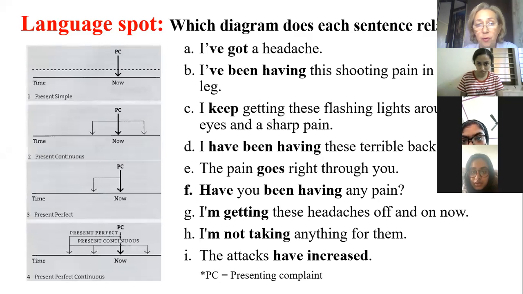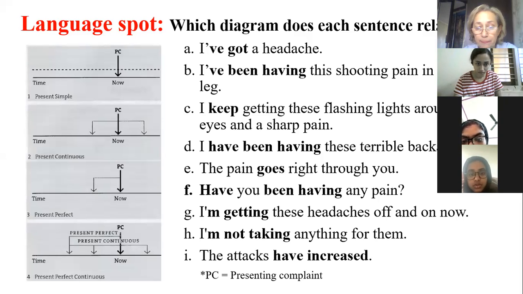You see, if we focus only on keep, there is no ing ending. Getting is a gerund, yes? But the verb is I keep. Only one word. Present simple, ma'am. Yes. So the first diagram. Okay.